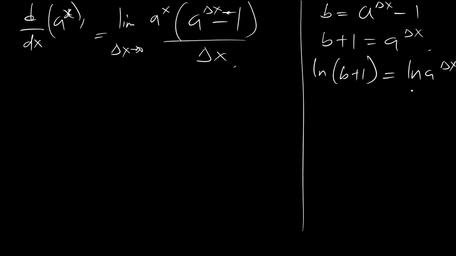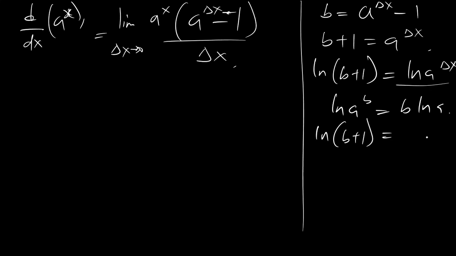Now this expression is the same thing as saying ln a raised to power b is equal to b ln a. So applying that rule here, you now have ln of b plus 1 is equal to delta x ln a.